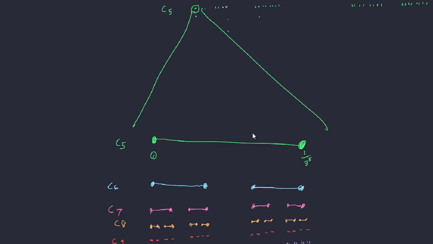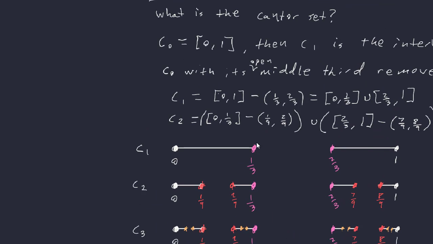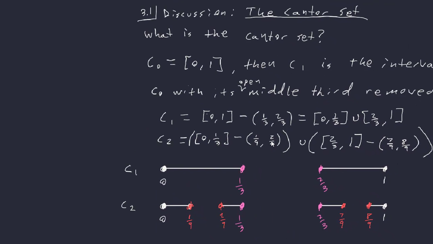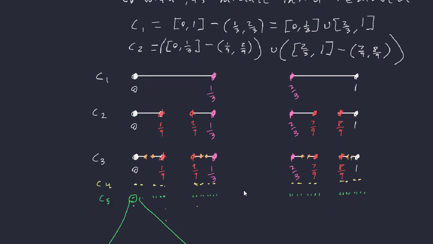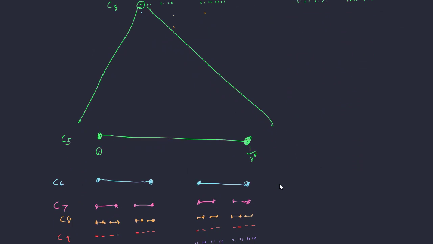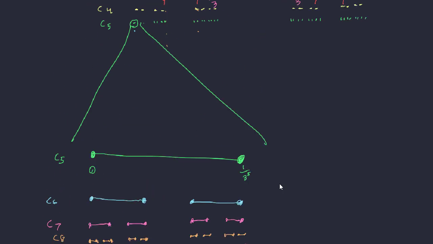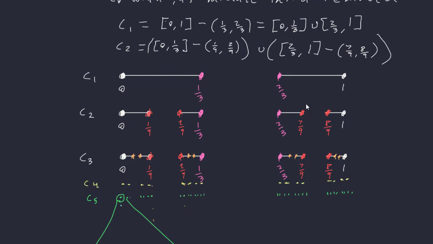Now, that comes all the way from a starting set. Well, our C0 was just 0 to 1, but the Cantor set, so this is just the sequence of sets, okay?